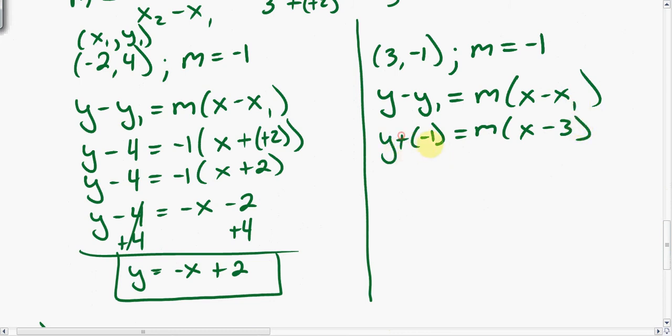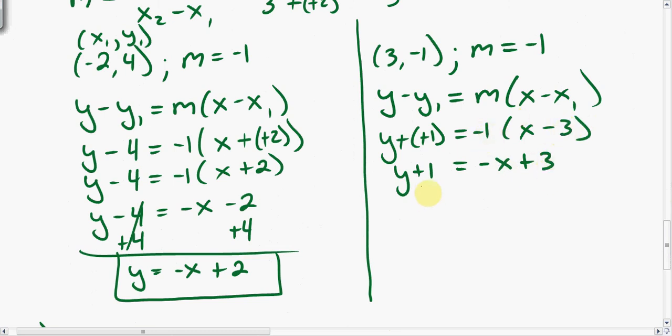So this is like plus a positive. And I did not substitute in my m here. My m is -1, sorry. So I'm going to distribute in my -1. So it's like y plus 1, because I added a positive. Got -x plus 3. So -1 times x is -x. -1 times -3 is +3.